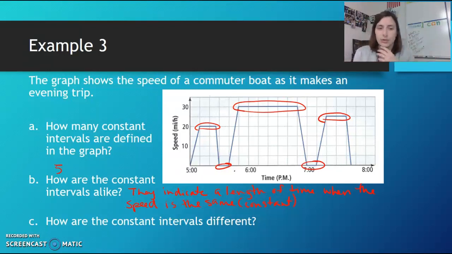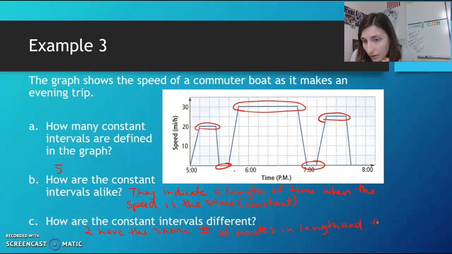Now, how are the constant intervals different? Well, two have the same number of minutes in length and the same speed, which is at 0 miles per hour.